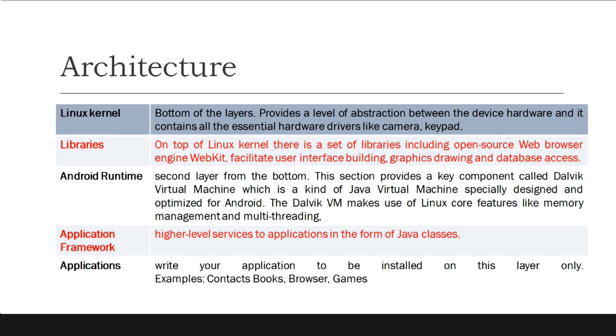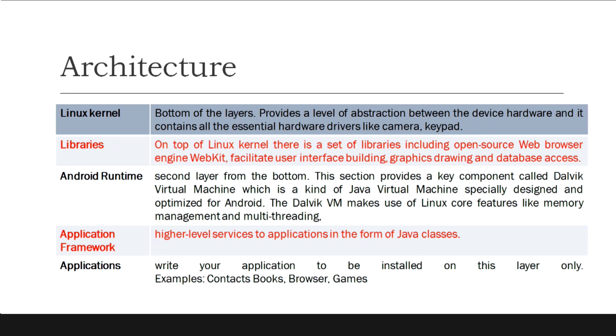The next layer is the libraries. It makes use of a wide variety of software libraries, including the open source web browser engine called WebKit, to provide graphics, drawing and database access.